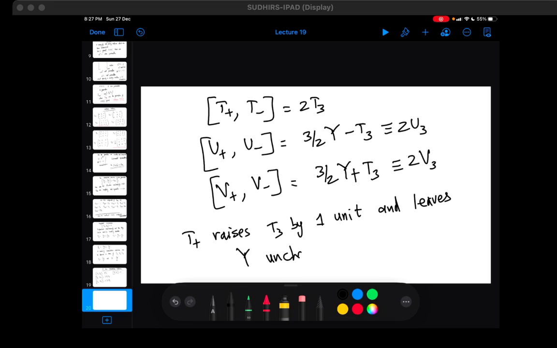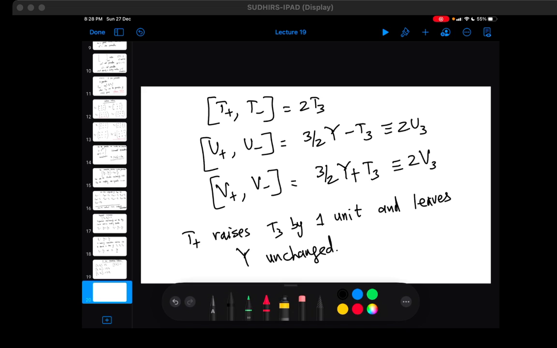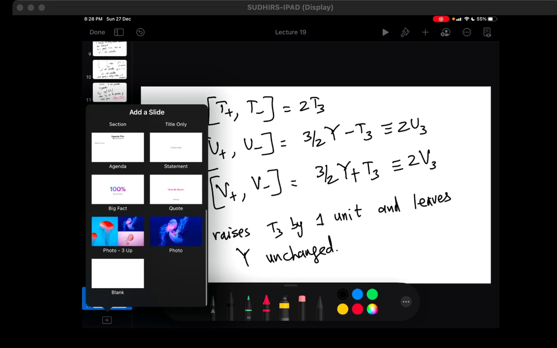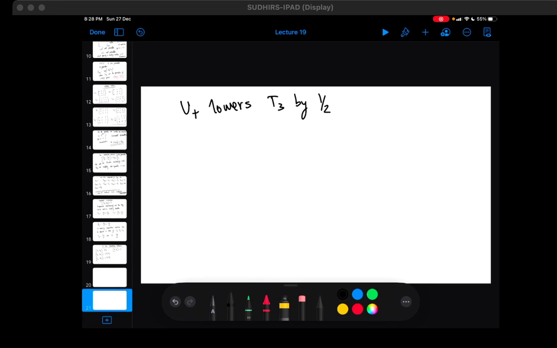That means lambda 8 is completely independent of the raising and lowering operators of T plus, whereas U plus lowers T3 by half and raises Y by 1 unit.